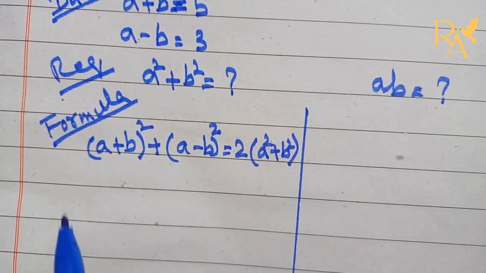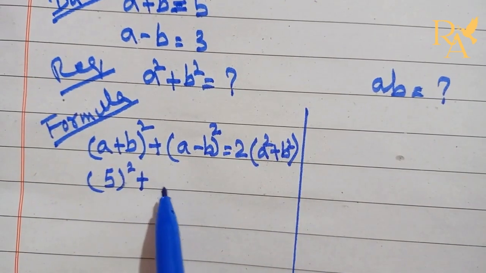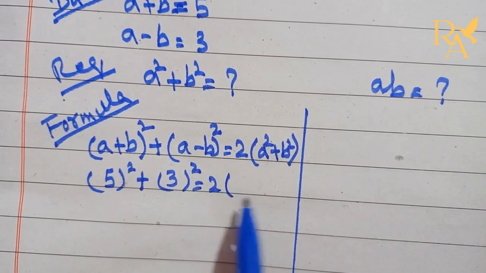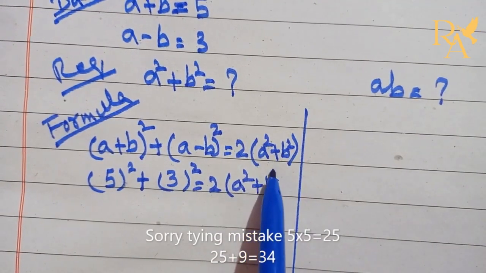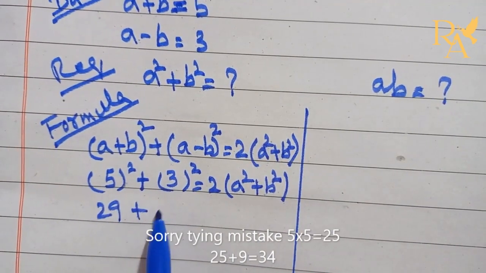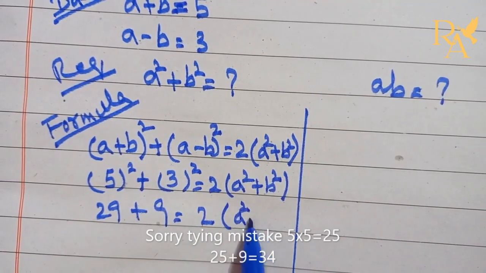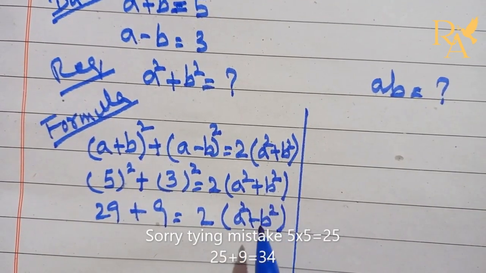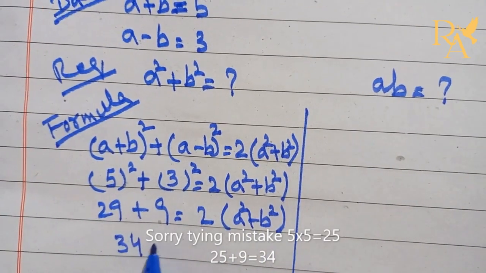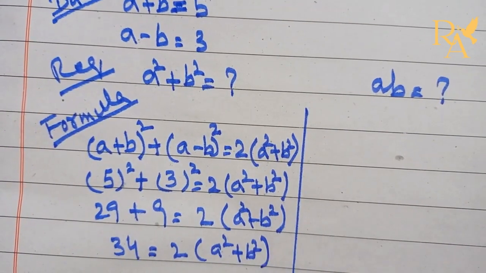The value of A plus B is 5 square plus the value of A minus B is 3 whole square is equal to 2(A square plus B square). 5 fives are 25 plus 3 threes are 9 is equal to 2(A square plus B square). 25 plus 9 is equal to 34, which is equal to 2(A square plus B square).